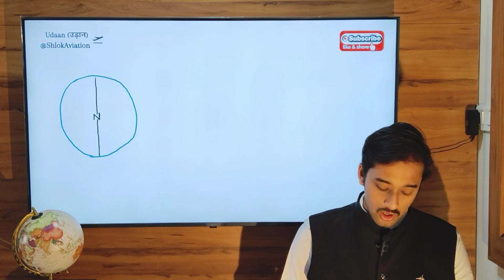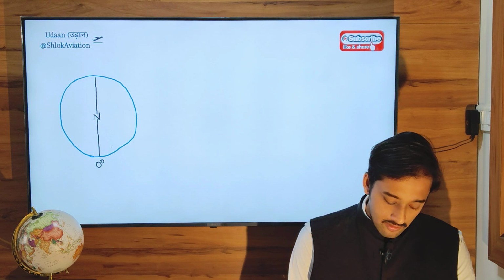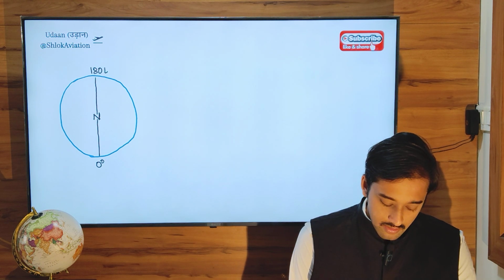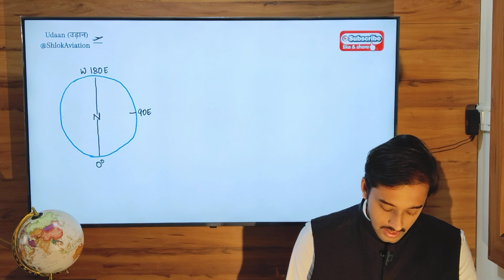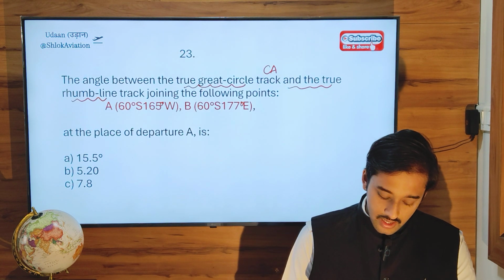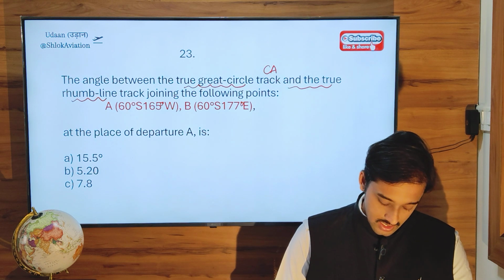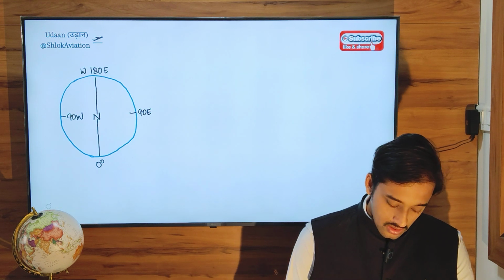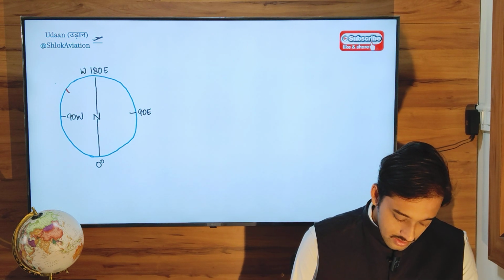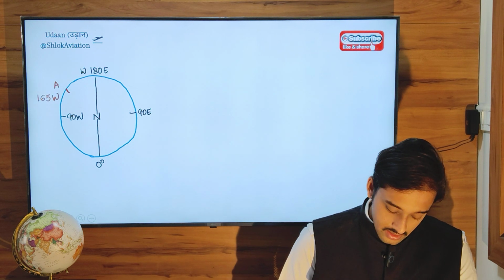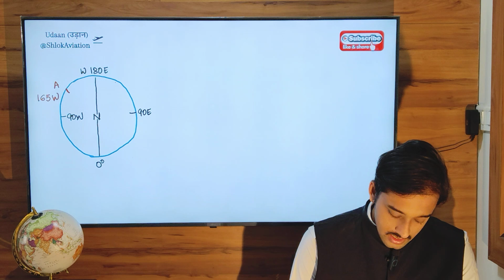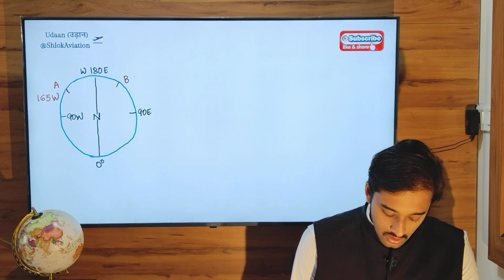You are looking at the Earth from the North Pole. This is your 0 degree equator. This is your 180, East Hemisphere, West Hemisphere, 90 East and 90 West. So A is at 165 degree West. B is at 177 East.